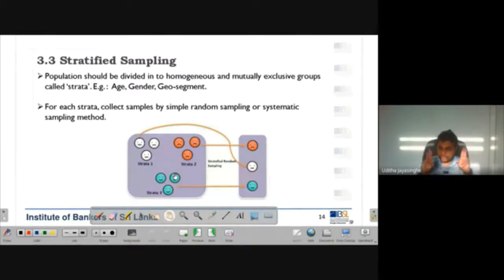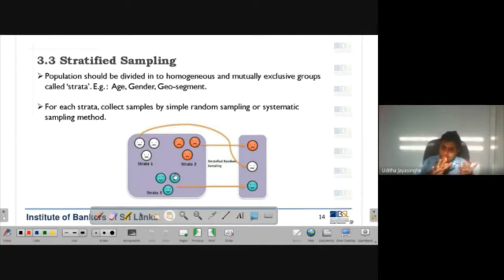One could ask you the question, okay, so now tell me what's the difference between stratified and quota? Okay, fine, both are trying to select the sample based on the grouping first. The stratification, the grouping, mutually exclusive items are going to come into individual groups. No mixing up.